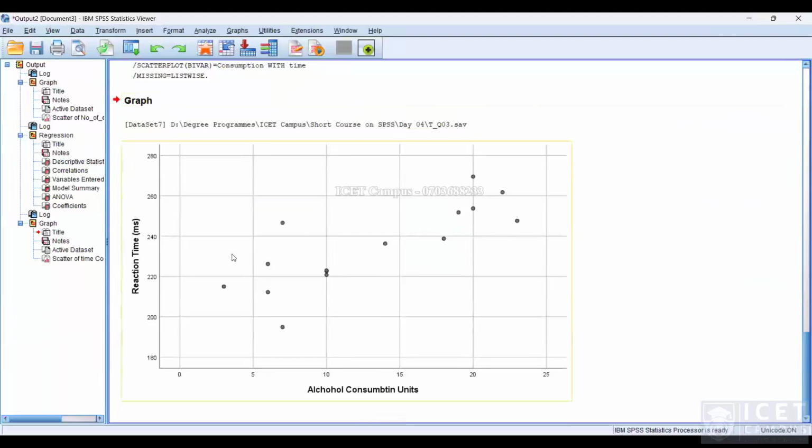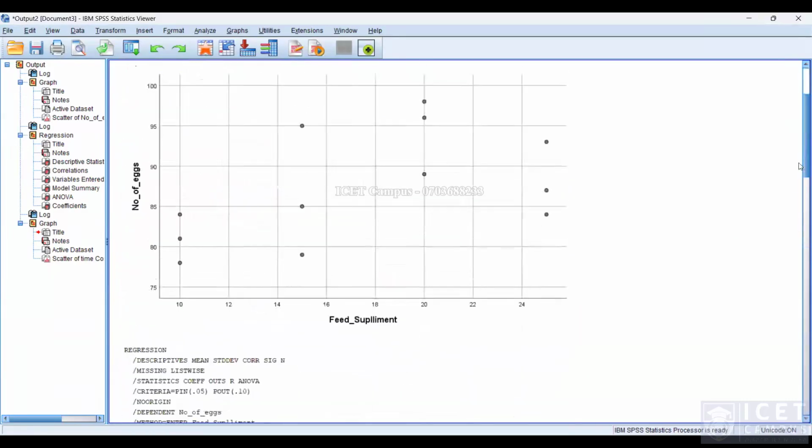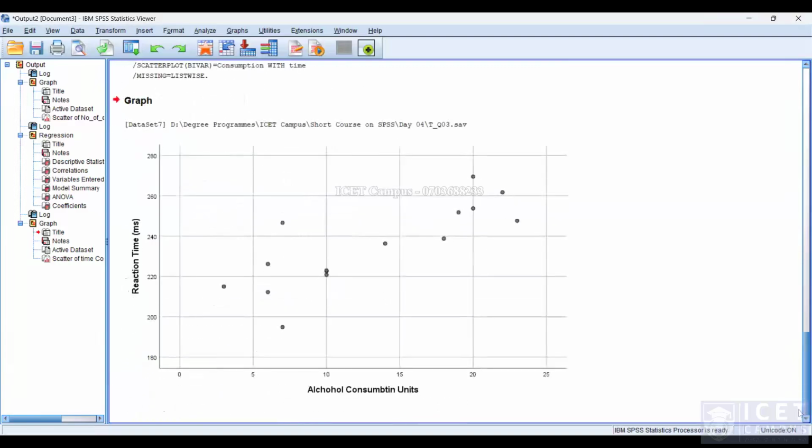That is actually reaction time in milliseconds. So you can see a positive correlation here, and if we compare to the previous one, that is actually stronger than this one. But we can find the value also.